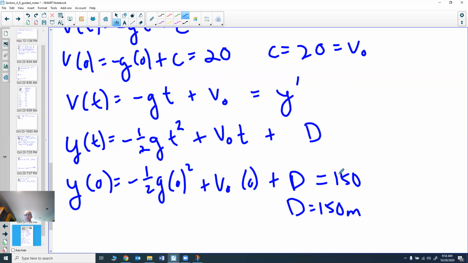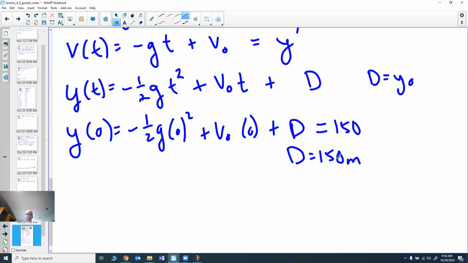By the way, in physics they call that y0. So d is also y0, the height y at time 0. So we usually call that y sub 0. So we now have that a is equal to minus g, v of t, and this is actually a of t. Even though a is pretty much a constant, we do call it a of t.